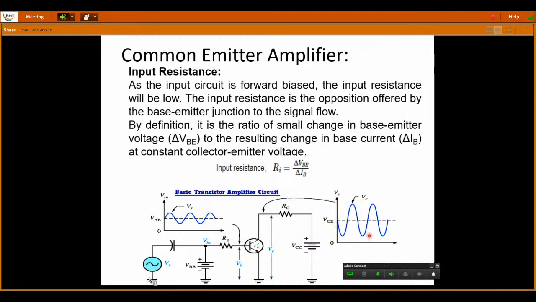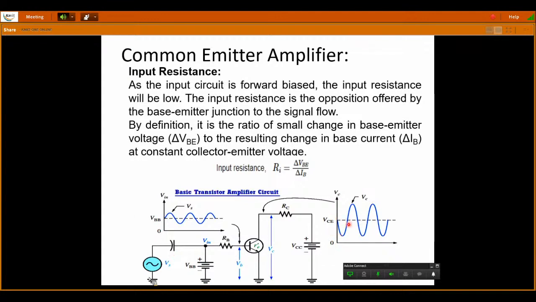The collector output across the load resistor RC has a 180 degree phase shift, since VC is equal to VCC minus IC RC, and VCC is a fixed voltage. If I keep increasing my input signal, IC increases, and the negative term leads to a decrease in VCE.